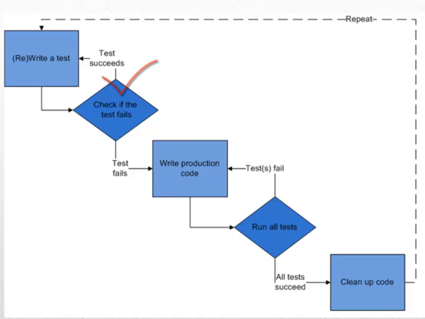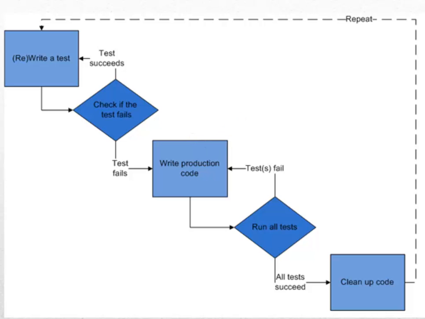The next step is to write some code that causes the test to pass. The new code written at this stage is not perfect and may, for example, pass the test in an inelegant way, and that is acceptable because it will be improved in the next step.